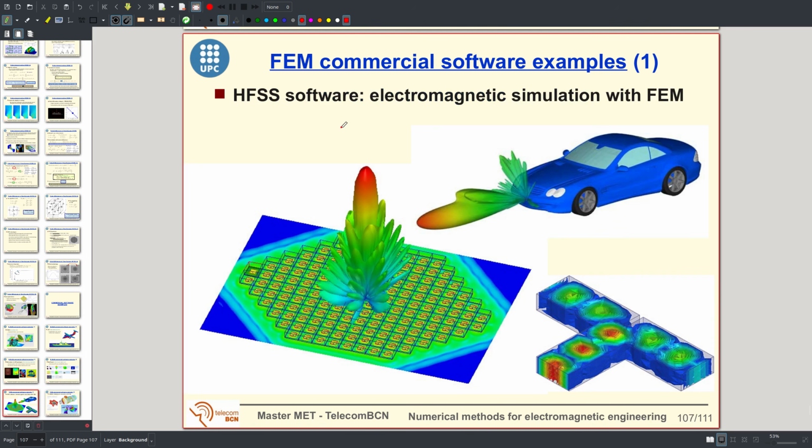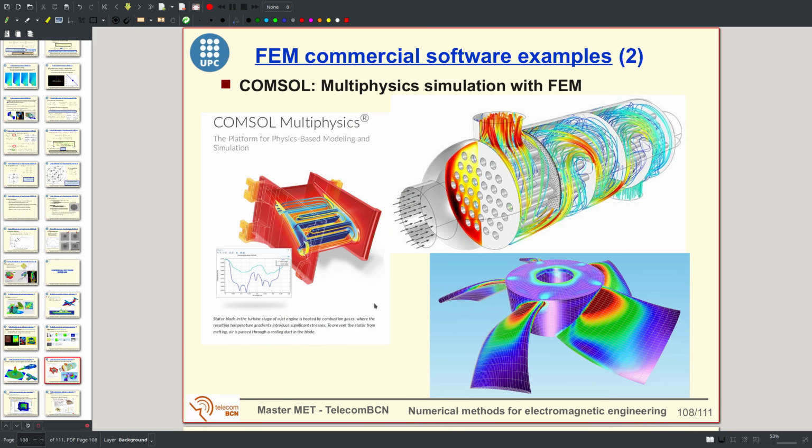Now, regarding finite element method software for electromagnetic analysis, you will find lots of finite element method software packages for analysis in different fields of engineering, but for electromagnetic problems, HFSS is probably the most widely used and a very good one. For finite element method, there is also another software package that is interesting to us, COMSOL.